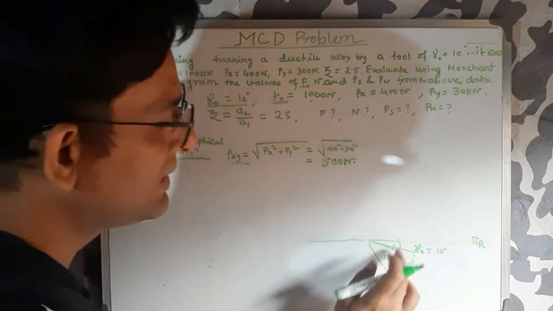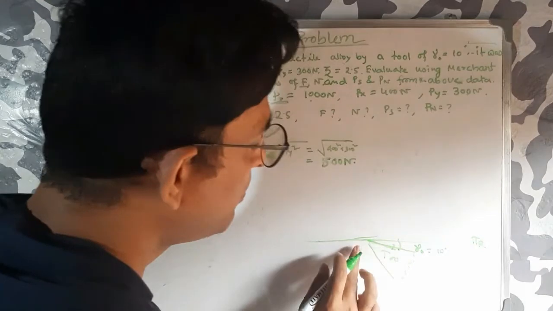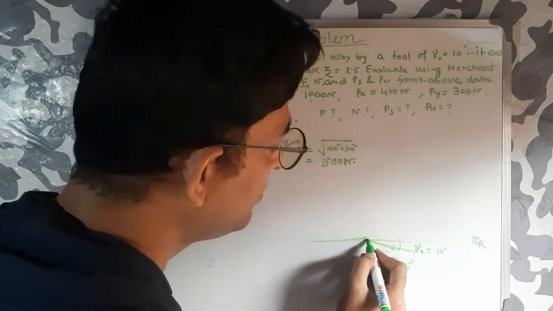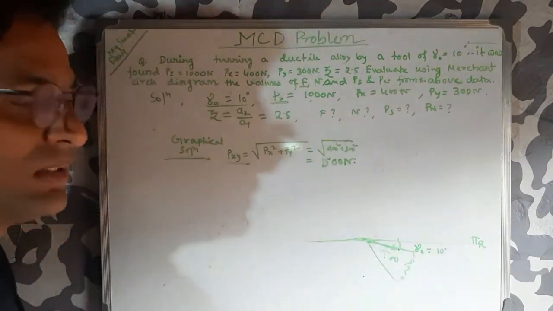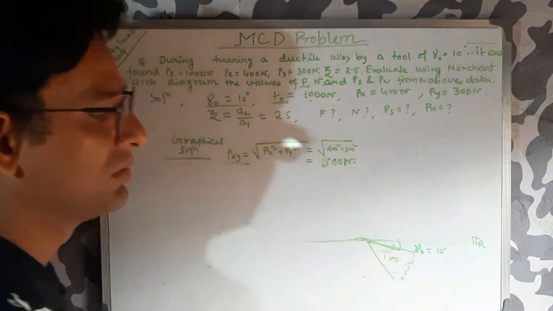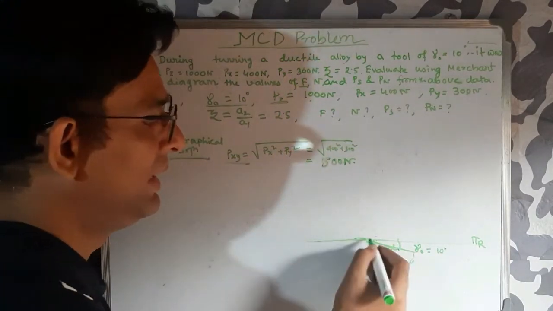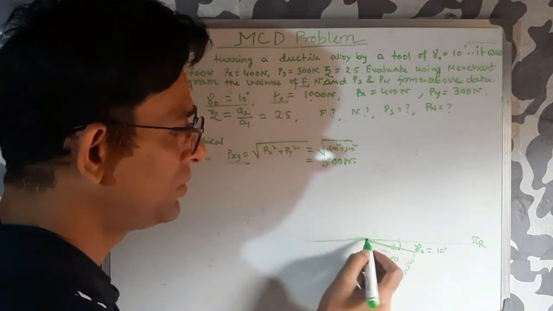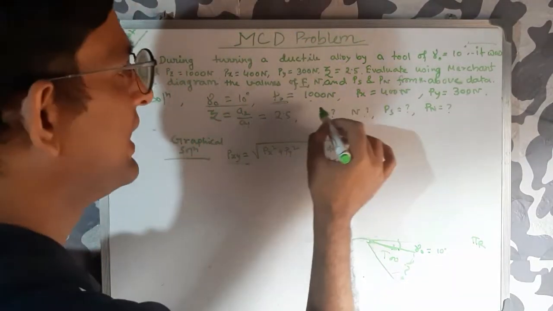So from this diagram, draw a horizontal line, then draw 10 degree with the help of a protractor from this point. This way you draw the cutting tool. Simple way, this angle is 10 degree. Now what you have to do, see, you have been given the value of Pz.